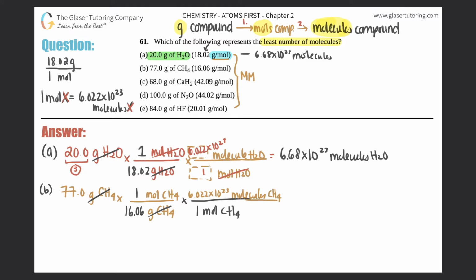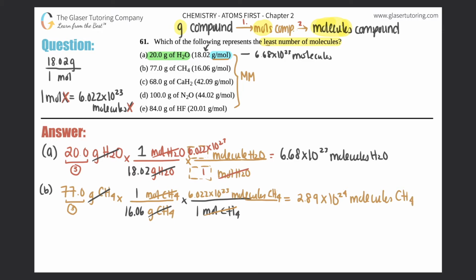Let me just extend that. So the moles will go away, and now we can get the number. So 77 divided by 16.06 times 6.022 times 10 to the 23rd. We get 3 sig figs, because we still need 3 sig figs. So it'd be 2.89 times 10 to the 24th molecules of CH4.